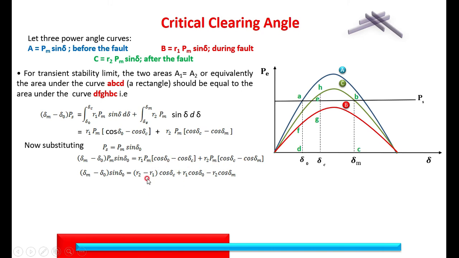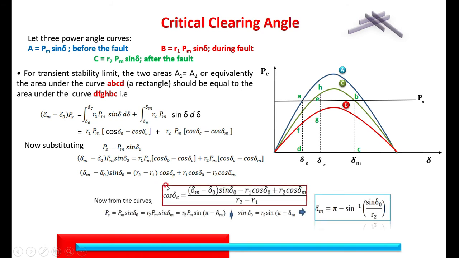Now in the second case, I am taking cos delta C common from these terms. What I am getting is cos delta C times R2 minus R1. Then the remaining terms are R1 cos delta naught and minus R2 cos delta M. Now I have only cos delta C, so I keep this on one side and transfer the rest of the terms to the other side.